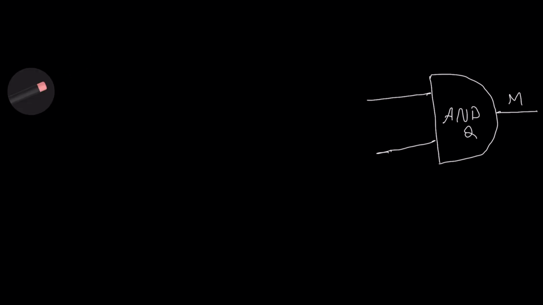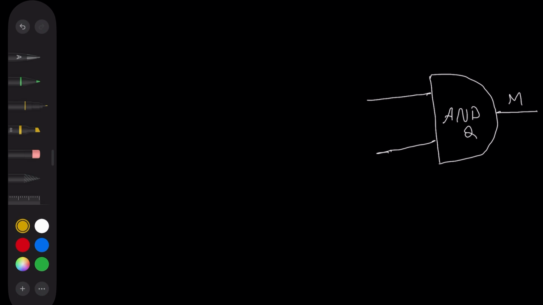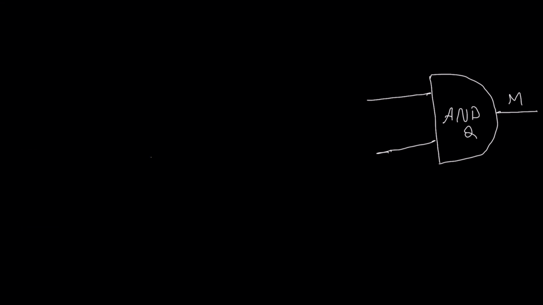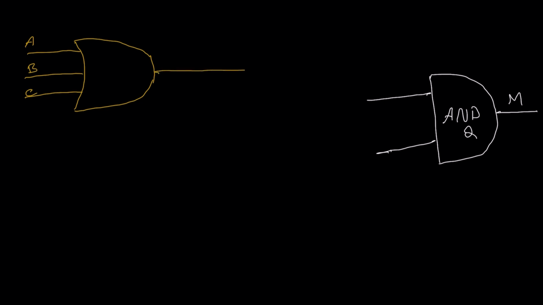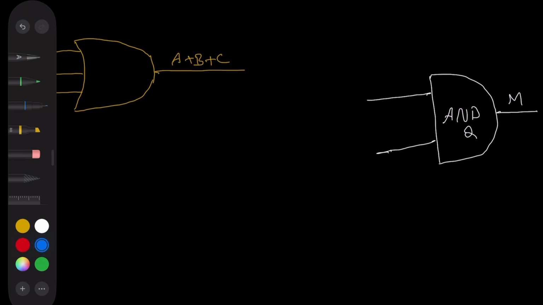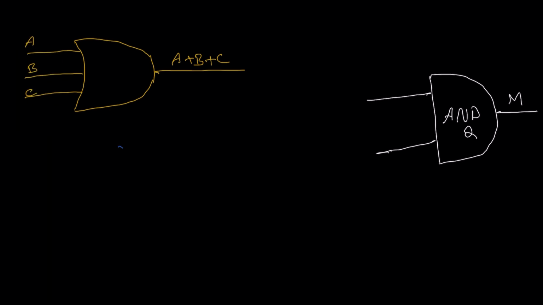Okay, OR gate 1 has three inputs: input A, input B, input C. The output for that will be A ORed B ORed C. Now we have another OR gate, which has two inputs.